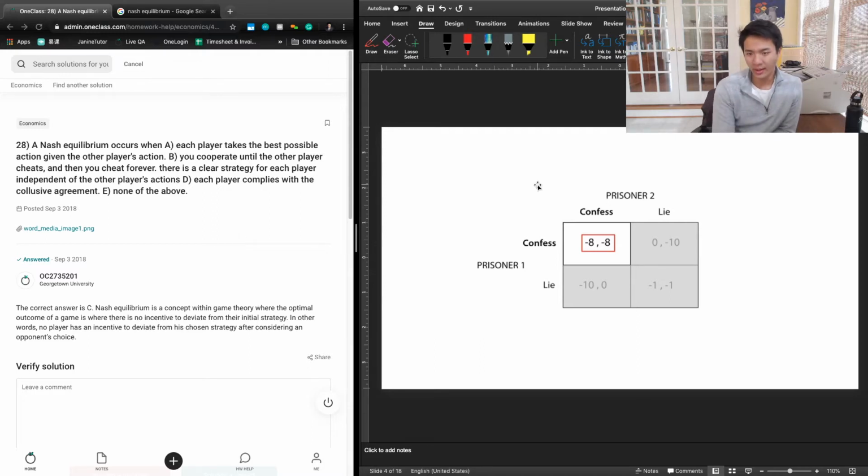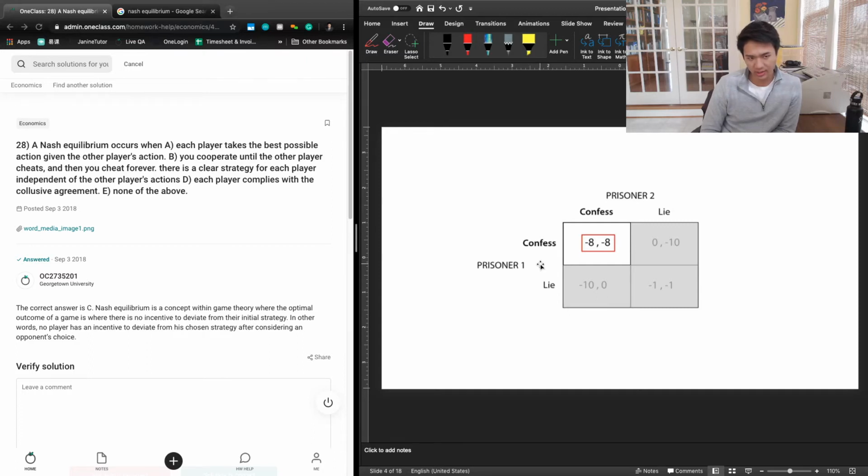Confession is that clear strategy, and that's what Nash equilibrium refers to. I know this explanation probably took a little bit long and was a little long-winded, but I think understanding the prisoner's dilemma and a little bit of game theory is going to make your life a whole lot easier if you're trying to solve questions related to this concept.